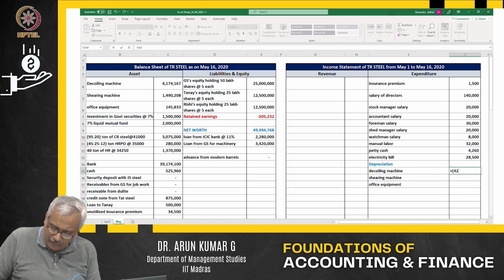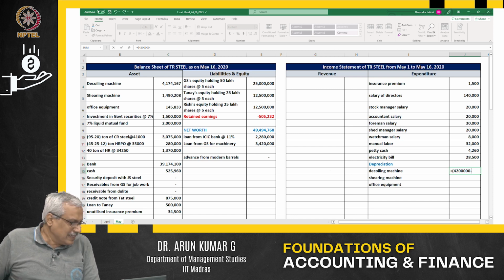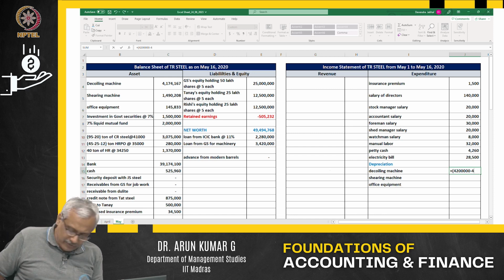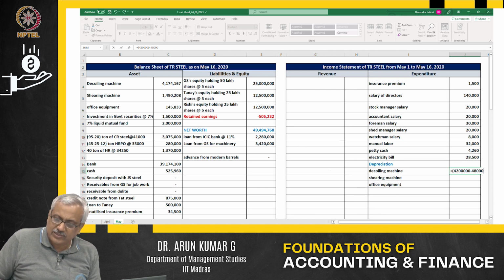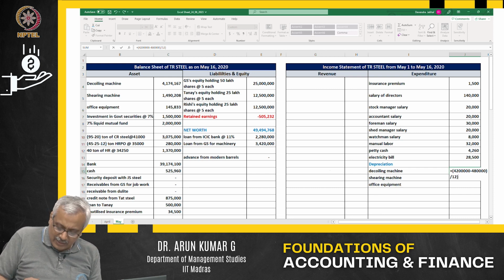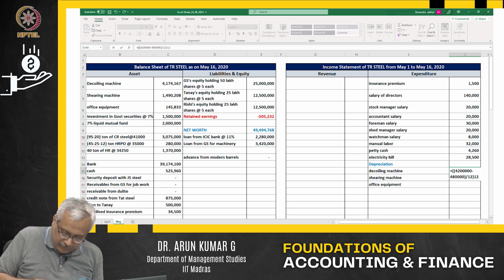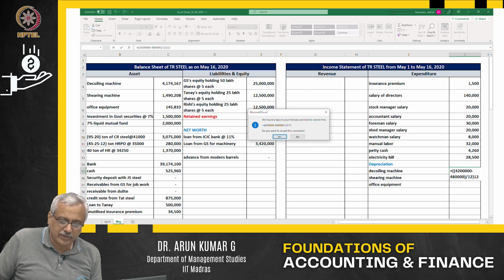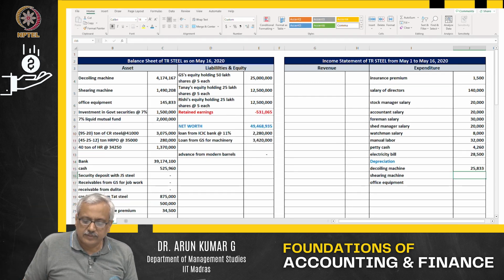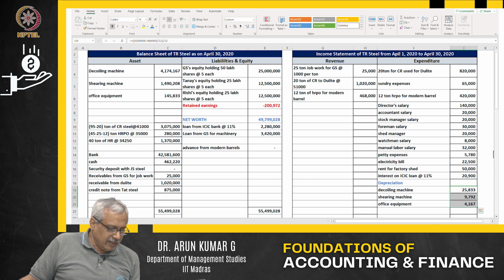What is the original value? 42 lakhs was the original value minus the salvage value of the machine that was given, 4,80,000, to be depreciated over how many years? 12 years, and again I am depreciating it for 1 month out here, so I divide by a further 12. That is it, 25,833, and that is the same amount we took out here.